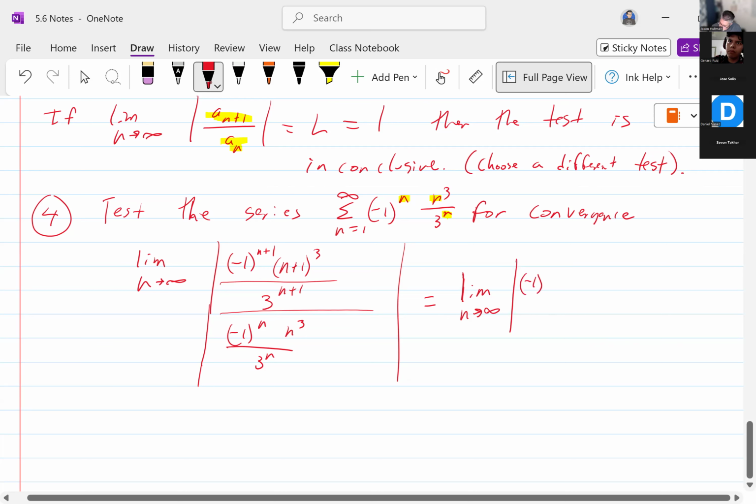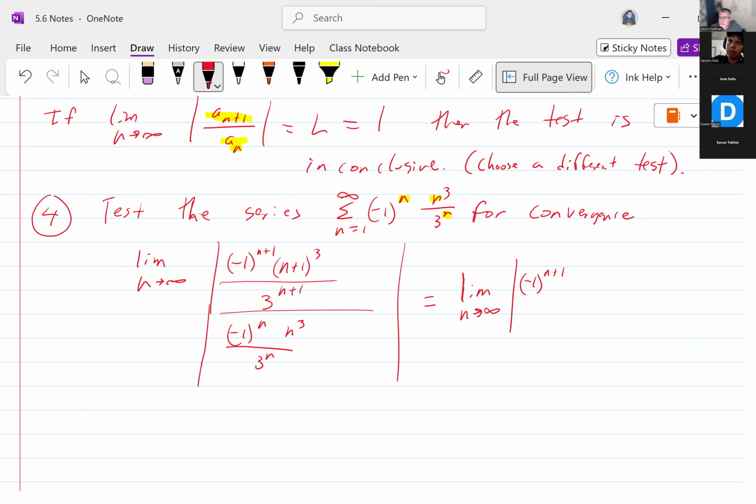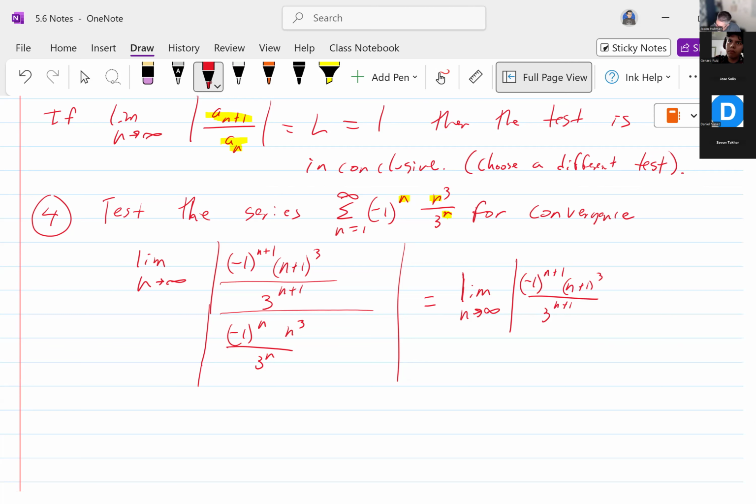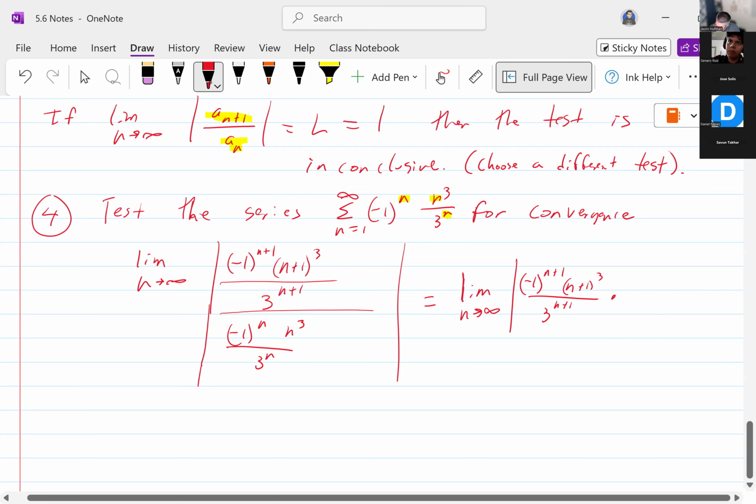So negative 1 to the n plus 1 times n plus 1 cubed, all over 3 to the n plus 1, times, this is going to flip upside down, 3 to the n over negative 1 to the n and n cubed.